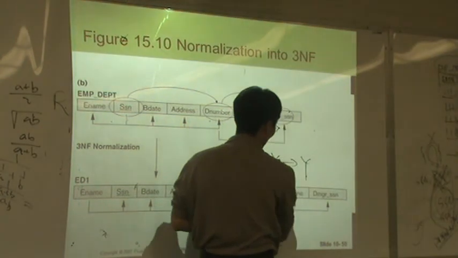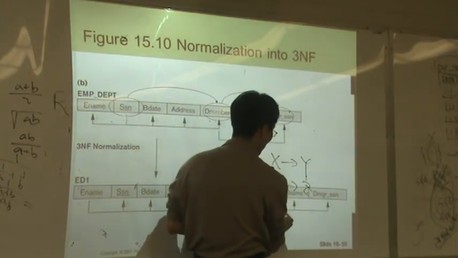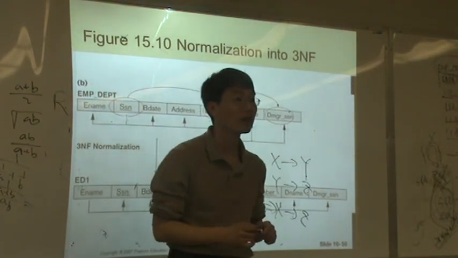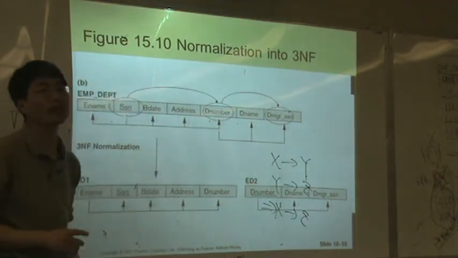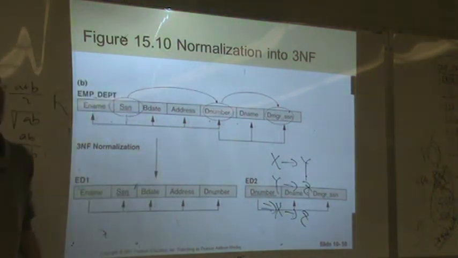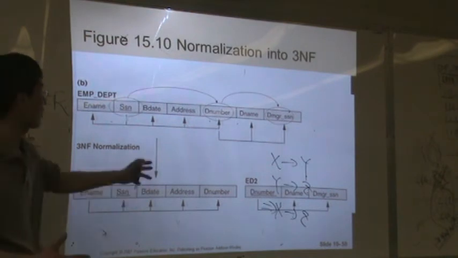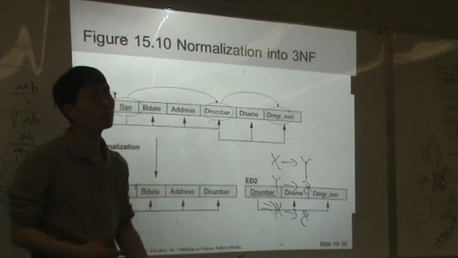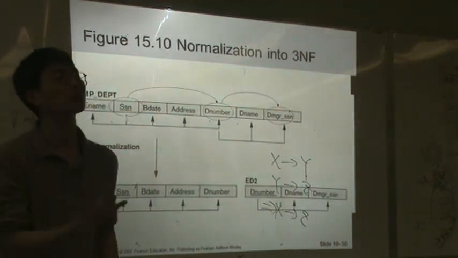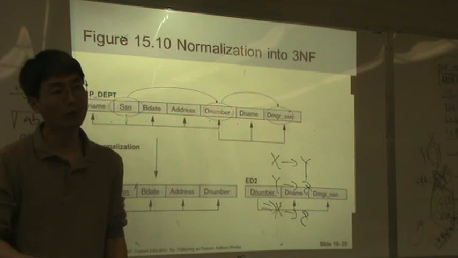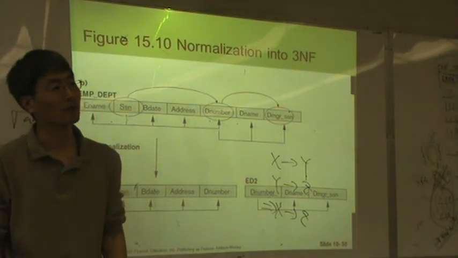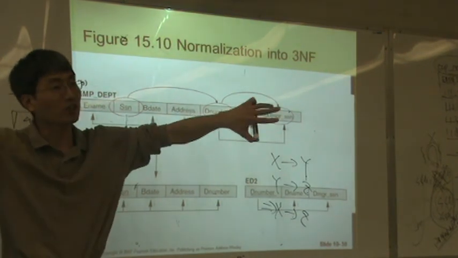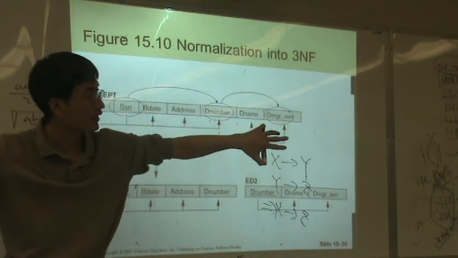X determines Y, Y determines Z. This is X determines Z. This is called transitive. So in case you have transitive, that means it's a redundancy. So third normal form does not allow such a redundancy, the transitive functional dependency. How can we solve the problem of the second normal form, third normal form? How can we make the higher level of normal form? The only solution is segmentation, decomposition, separate.